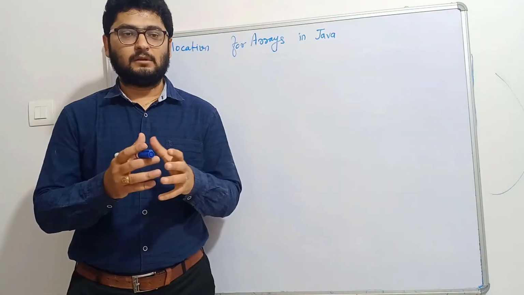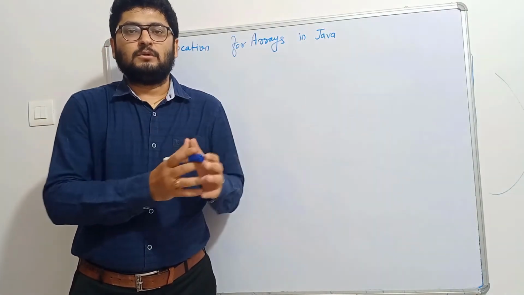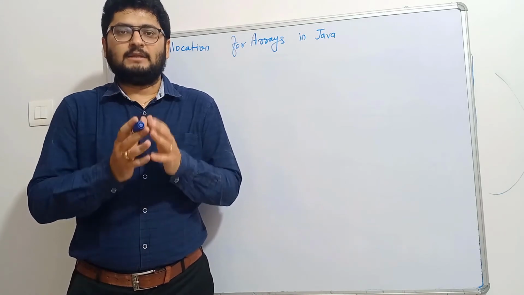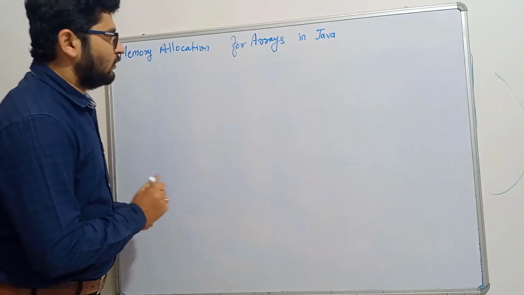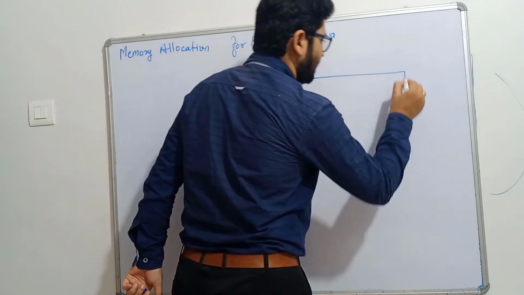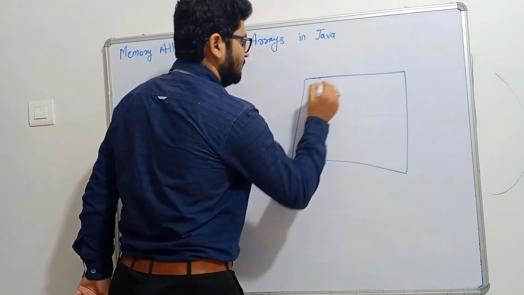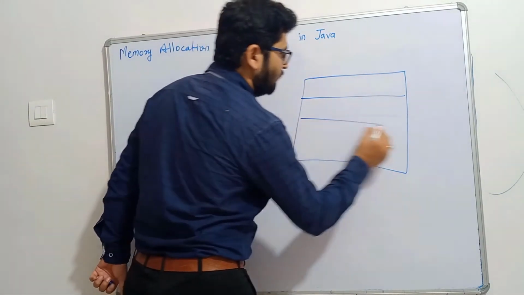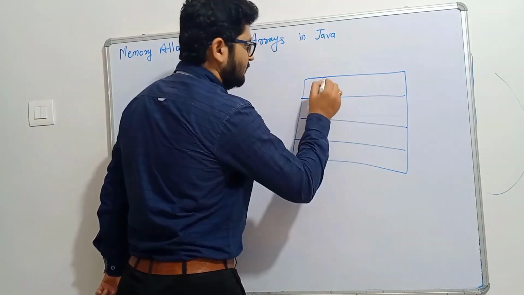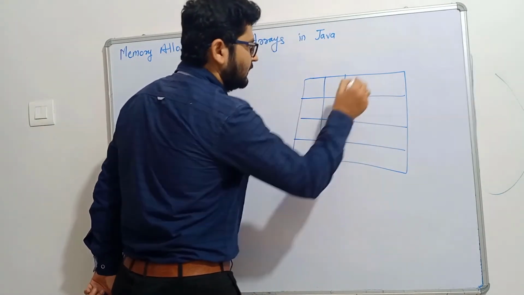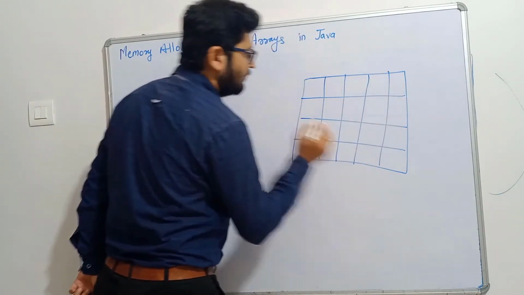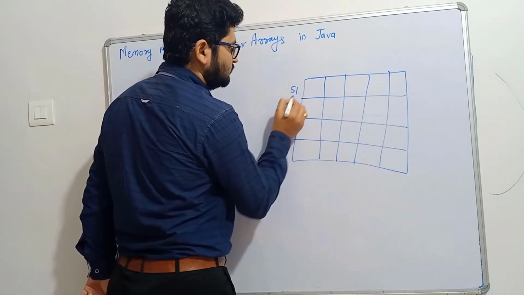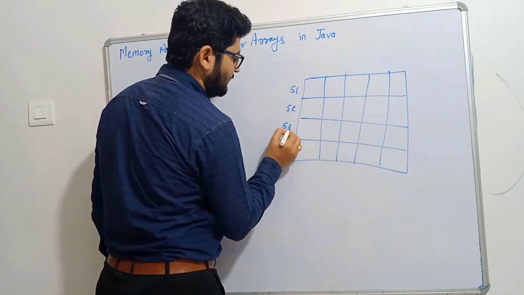Let us now see how memory is allocated to a two-dimensional array in Java. For that, let me take the example of 4 students. Let us suppose I want to store the marks of 4 students in memory. So these are the students S1, S2, S3 and S4.